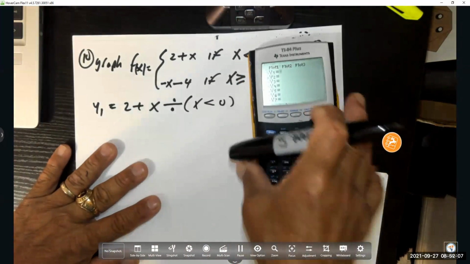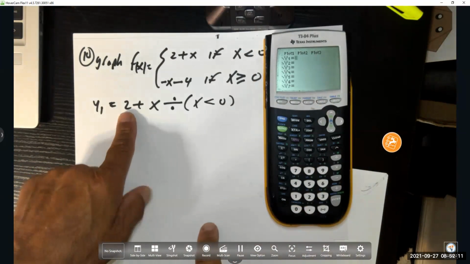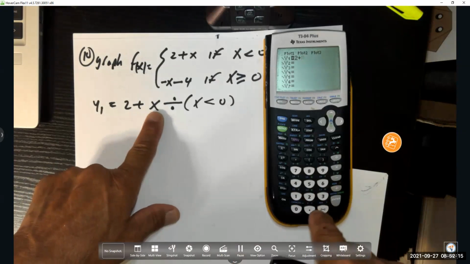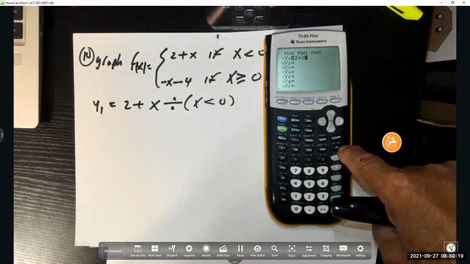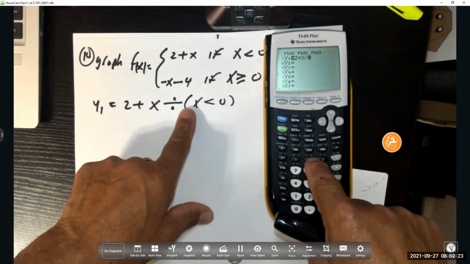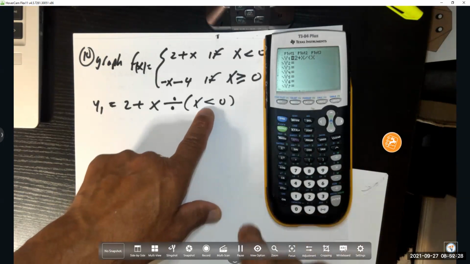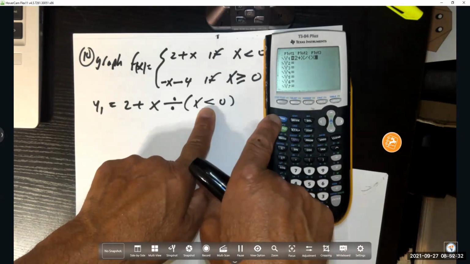Ready? All right. The way you do this in the calculator, you go like this. Ready? Follow me. Put 2 plus X, divide symbol. See this divide symbol? Find it right here. Divide right there. Parentheses. You have X again. This one here. X. Now, to get this less than symbol, you got to hit second and math.